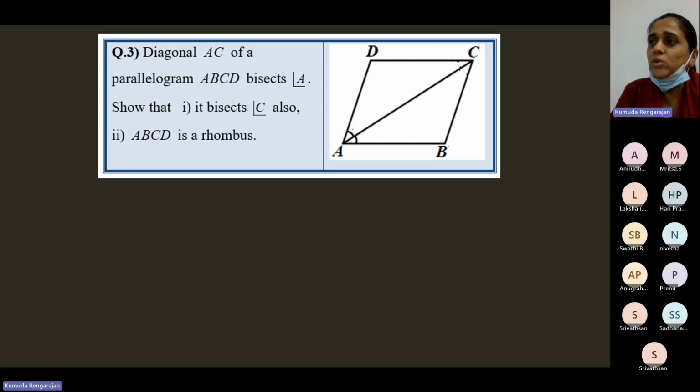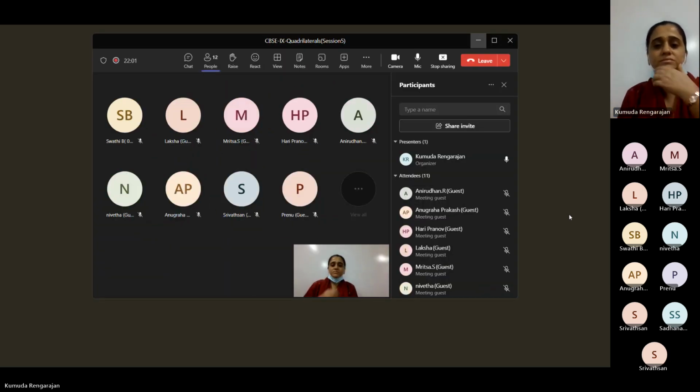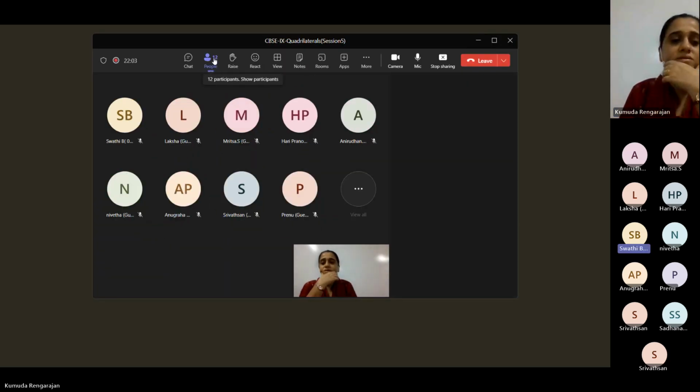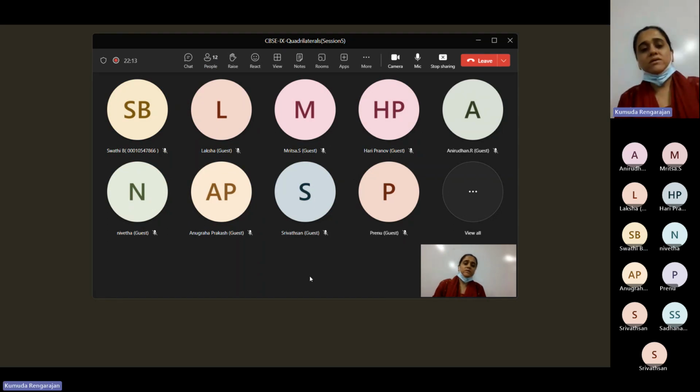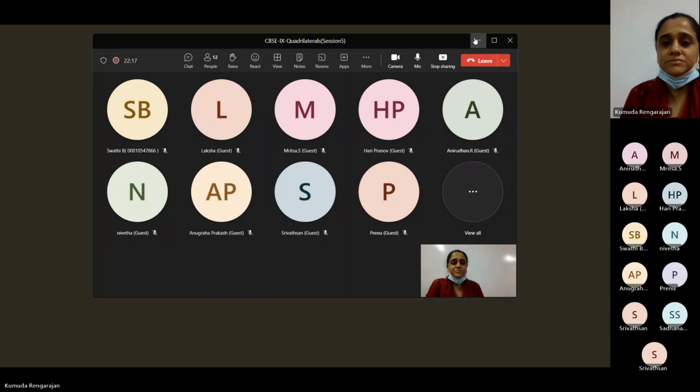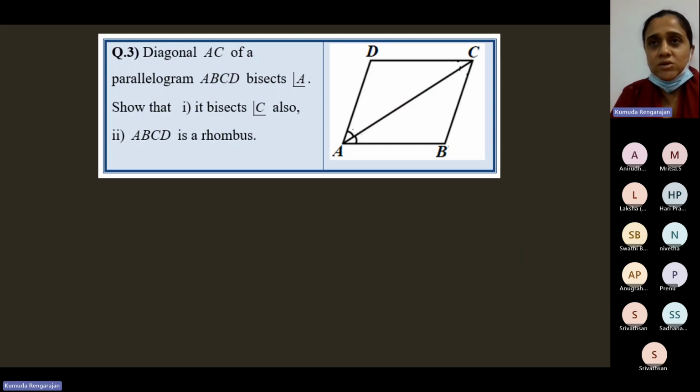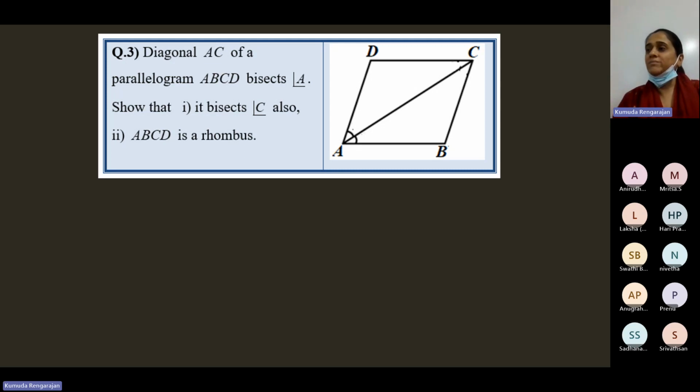So online students, it's enough if you prove any one pair of adjacent sides are equal.